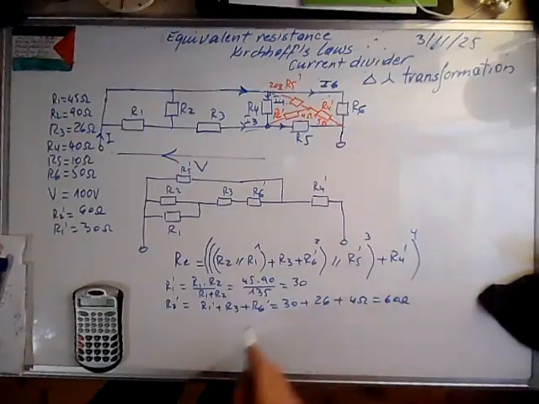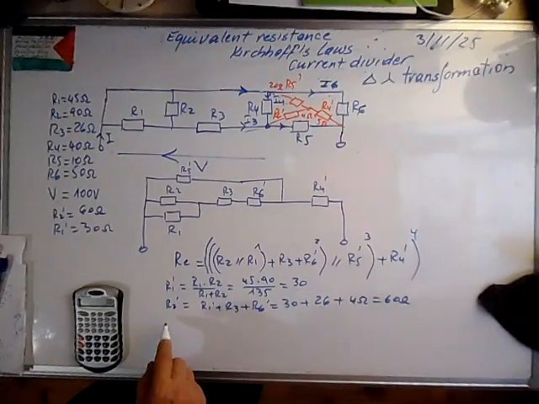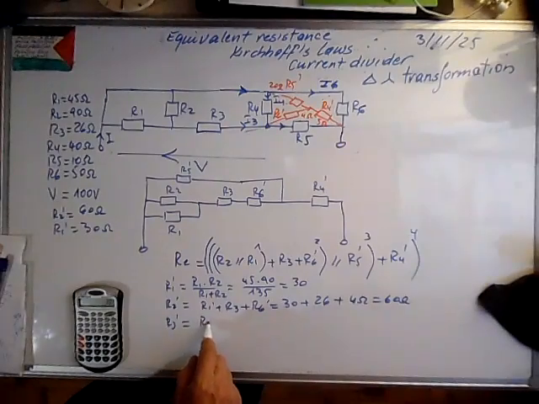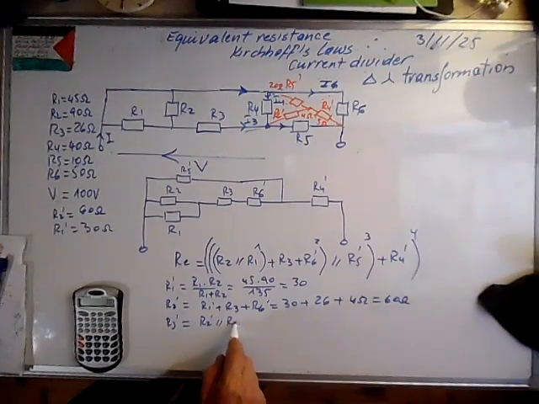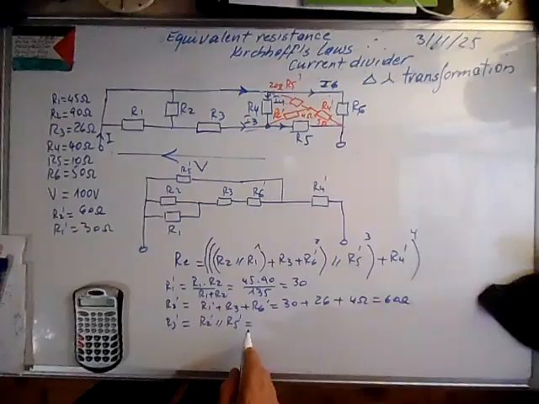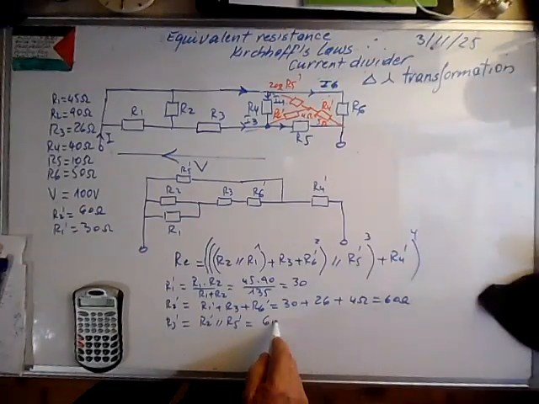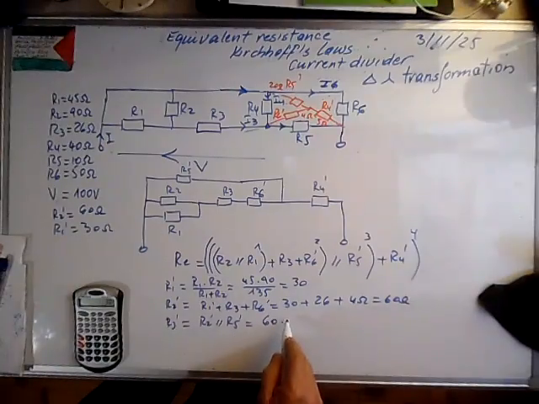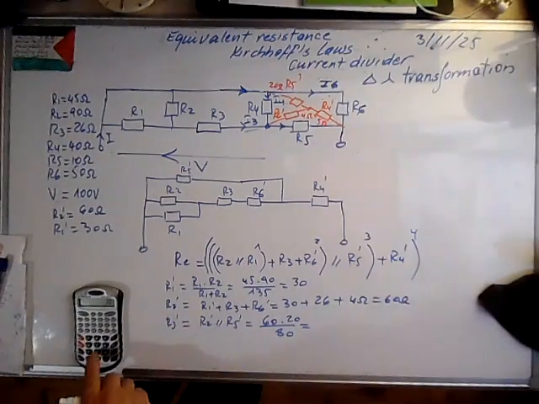Now, R2 prime is in parallel with R5 prime, so R3 prime is 20 times 60 over 80.